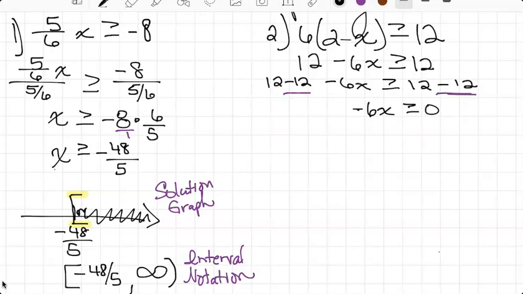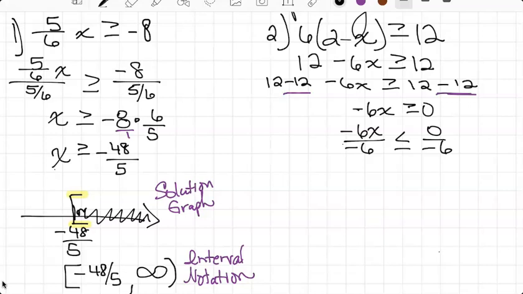From here, I need to get the x by itself, so I'm going to divide by the negative 6. So I'm writing this step over so I can easily flip my inequality the minute I know that I'm dividing by the negative.